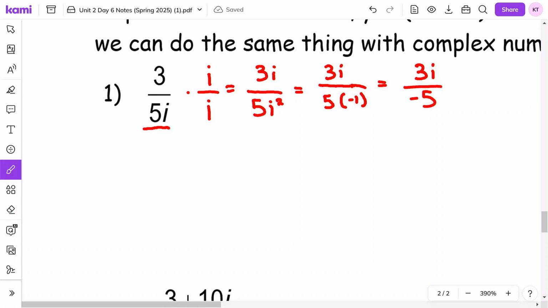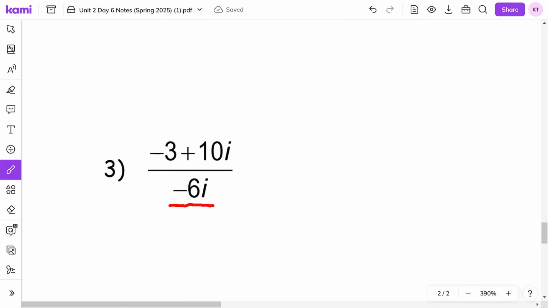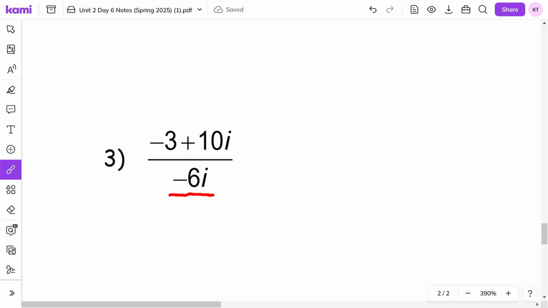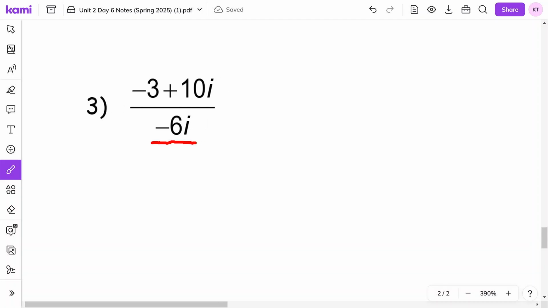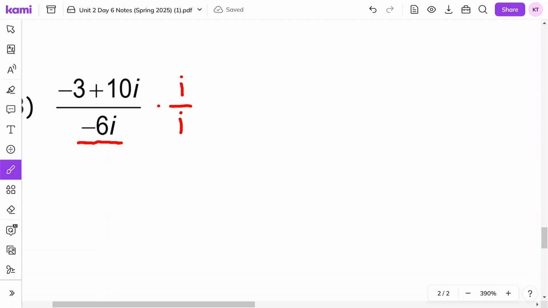Again, I'm going to look at the next example, where I have one term in my denominator. So again, I will just multiply by i on both my numerator and my denominator. I distribute the i for the first one. That will give me negative 3i plus 10i squared divided by negative 6i squared.